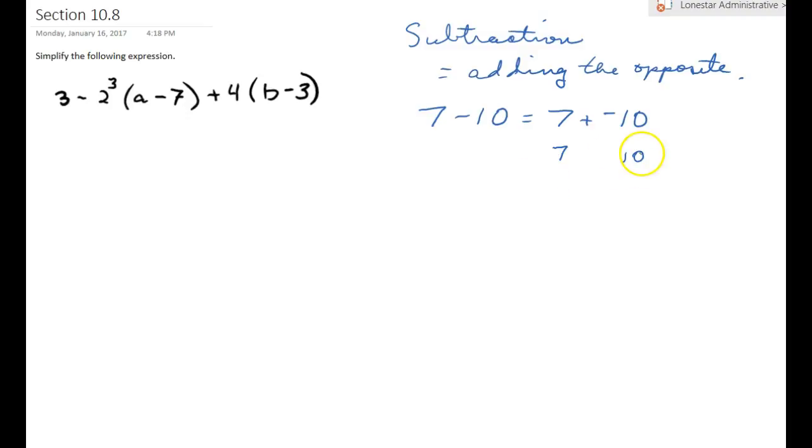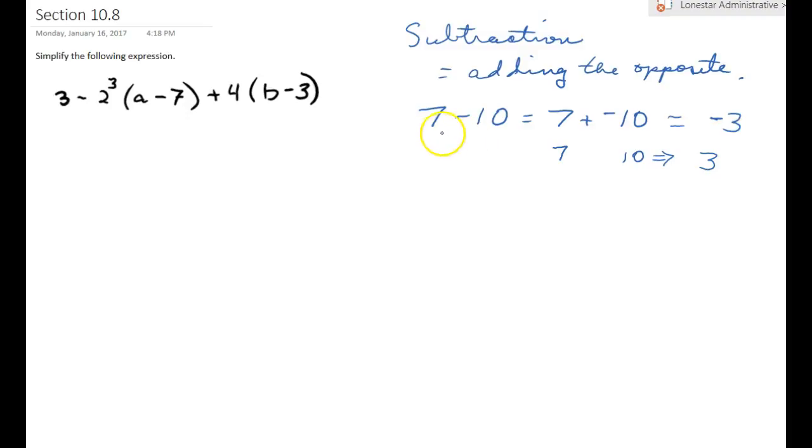When you take the difference of these, you get 3. Then you assign the sign of the largest number, which in this case is the 10, so we're going to make that negative. So 7 plus negative 10 is negative 3.